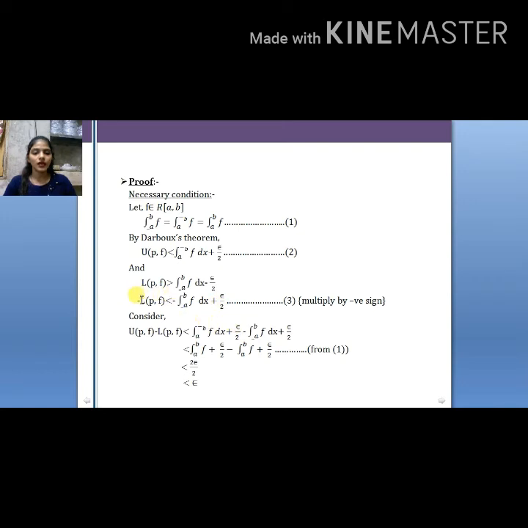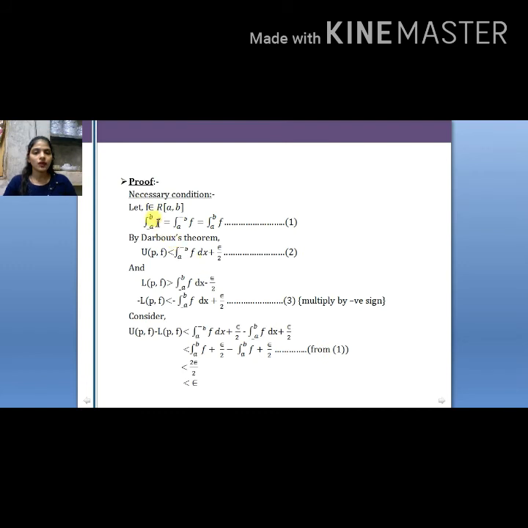Then we put the value of minus LPF directly. From equation 1, this is strictly less than integration from a to b f plus epsilon by 2 minus integration from a to b f plus epsilon by 2. This is from equation 1.